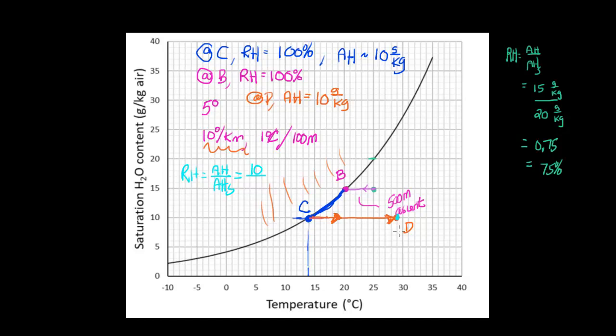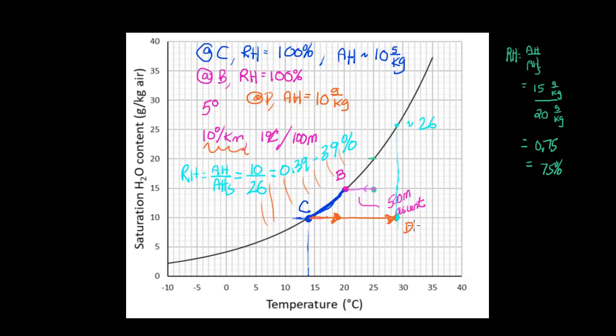And we have to read off now what the absolute humidity at saturation would be. That's way up here. That looks like about 26, right? So the relative humidity at 29 degrees C will be 10 divided by 26, which is about 38, 39 maybe percent, 0.39 or 39%, equivalently saying it in different ways.